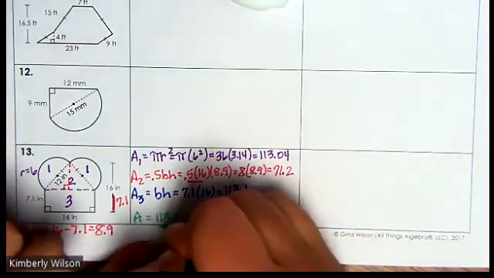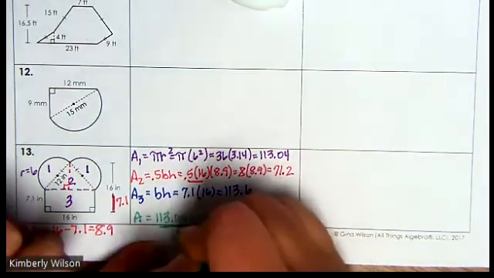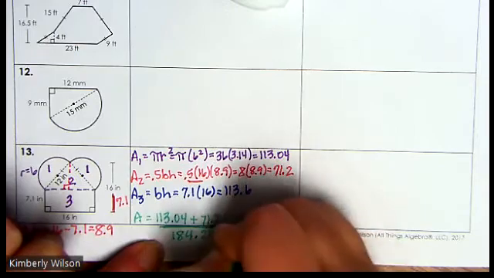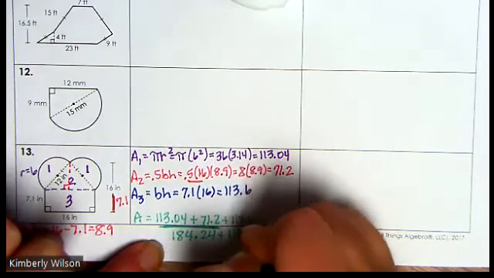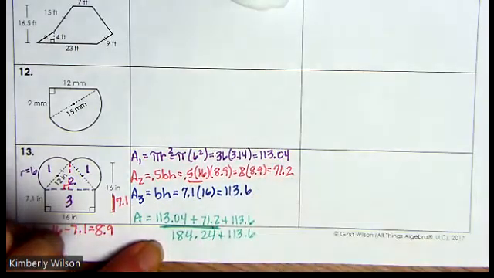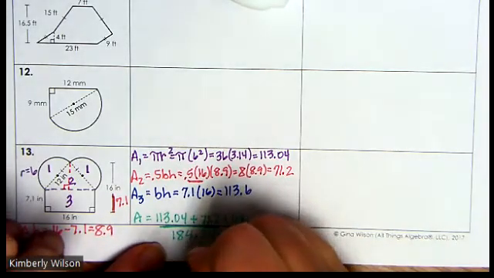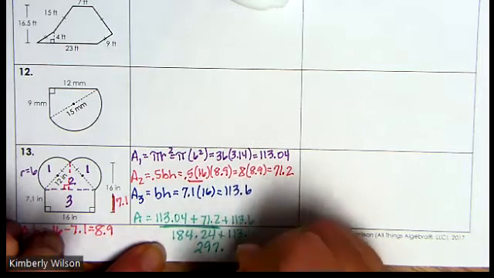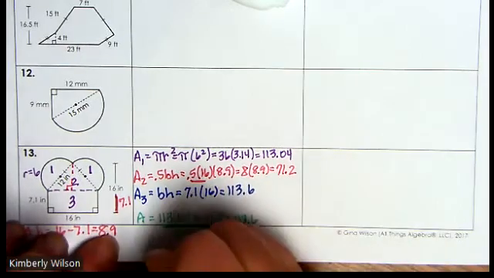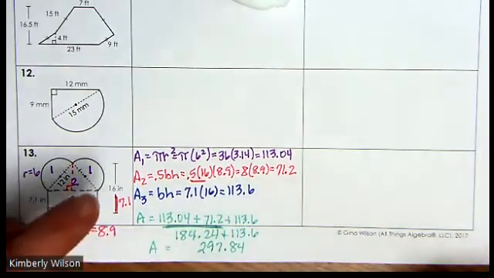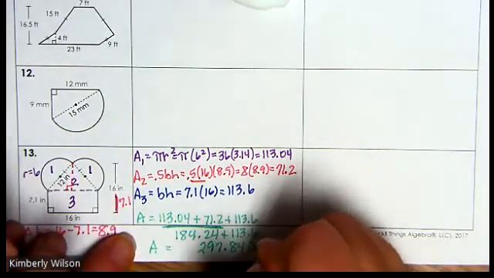So this is 184.24 plus the 113.6. So therefore, my final answer is 297.84. And what's my unit? Inches squared.